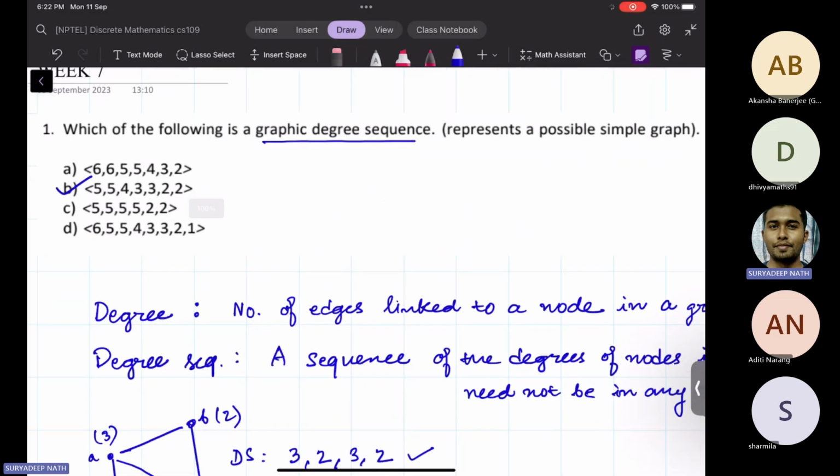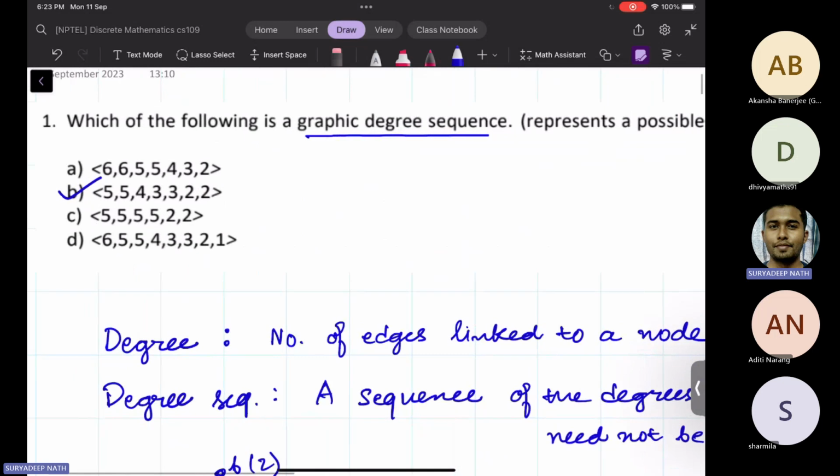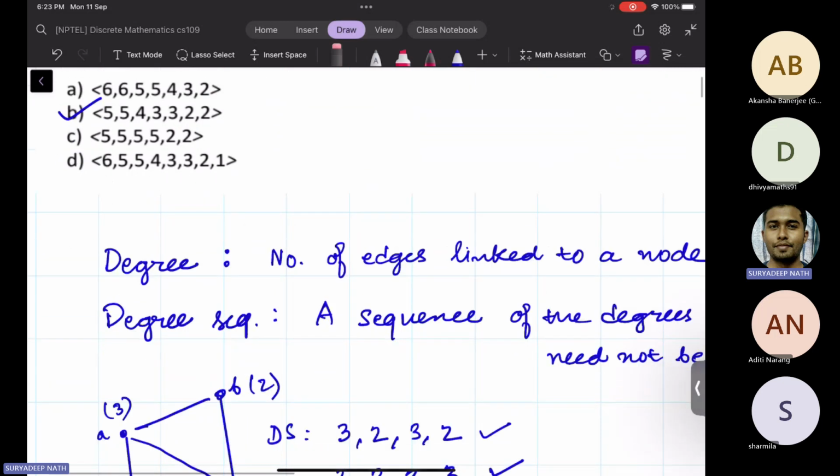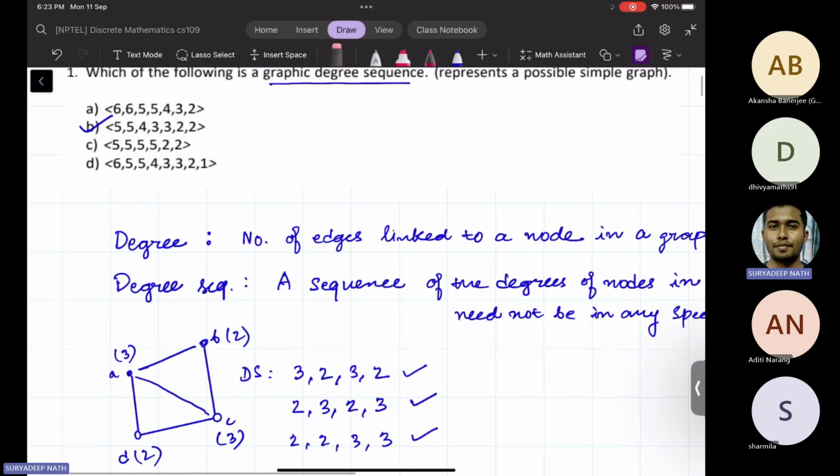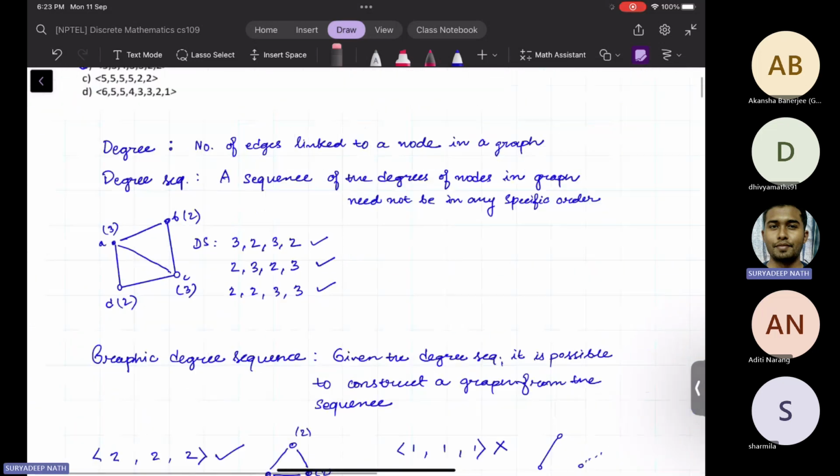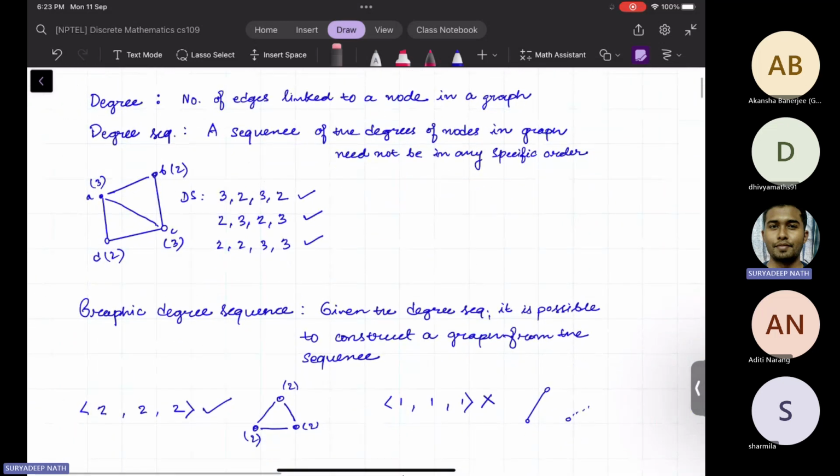I think it is clear to you guys. If you try it out on your own, you can see why option B holds correct, and A, C and D will not give you a correct graphic degree sequence. If you have any doubt, you can ask me now, or we'll proceed on to the next question.